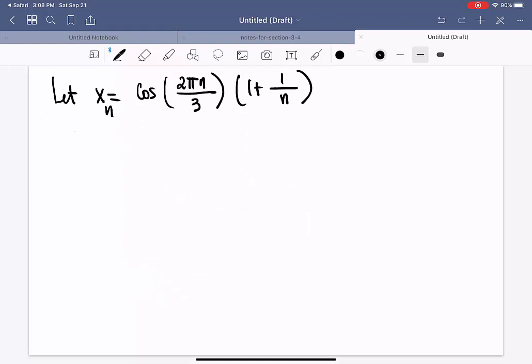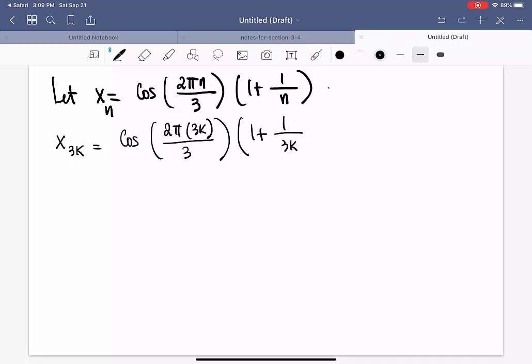Let xn be a sequence of real numbers such that xn is equal to cosine of 2 pi n over 3 times 1 plus 1 over n. Now, let's suppose we choose x3k as a subsequence. Then this will be, of course, cosine of 2 pi times 3k over 3 times 1 plus 1 over 3k.